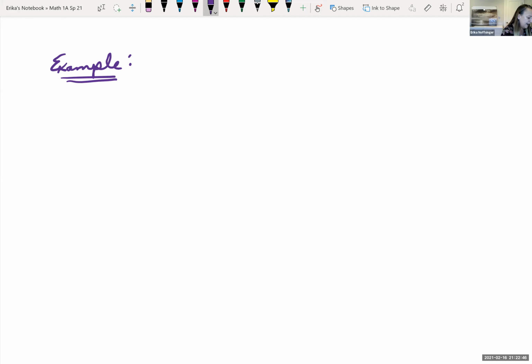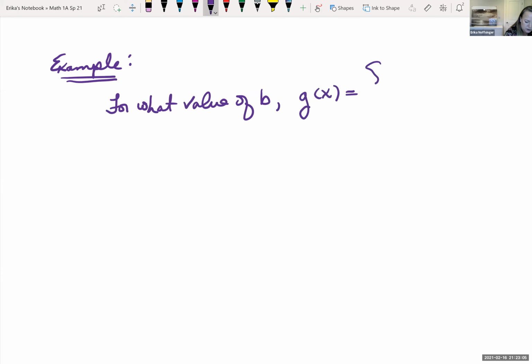And so let's say it says, for what value of b is the following function g of x, which is equal to, the first equation is x if x is less than -2, and let's say it's bx squared if x is greater than or equal to -2.